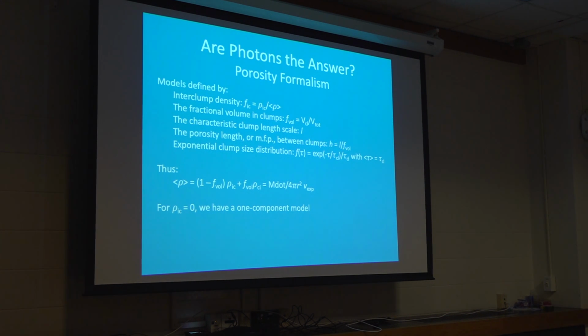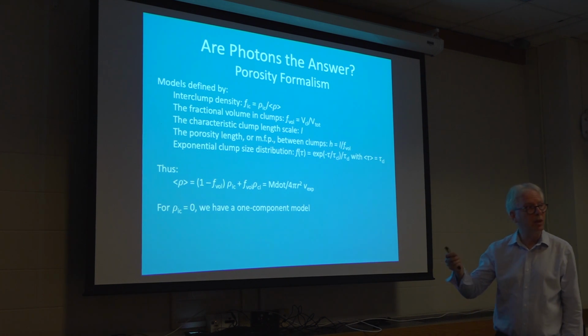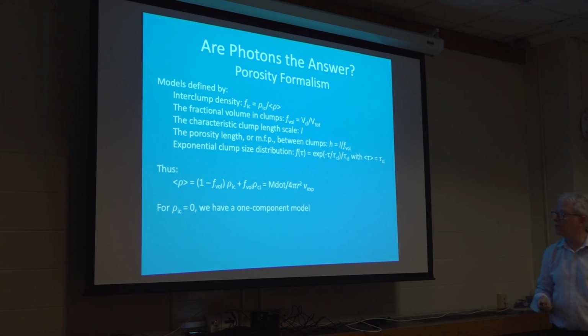We decided a couple of years ago to look at these clumpy models, but to do it in a different way. So rather than make an assumption a priori that a couple of percent of interstellar photons got right into the inner envelope, we decided to make a model where we distributed clumps of dense gas within the outflow. And so we used 2 parameters.